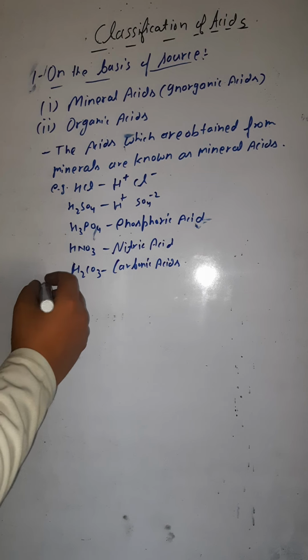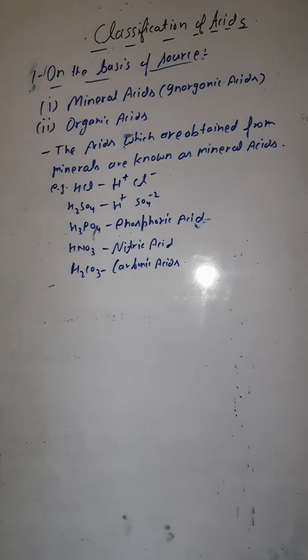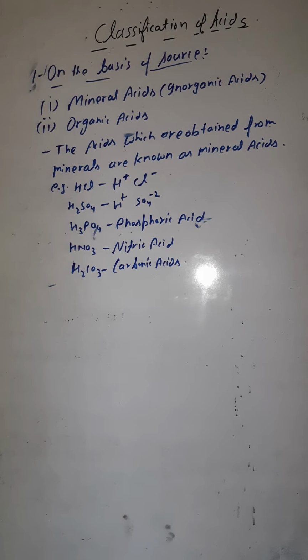Now we will move towards the organic acids. What are the organic acids? Acids which are obtained from organic sources like animals and plants are termed organic acids.